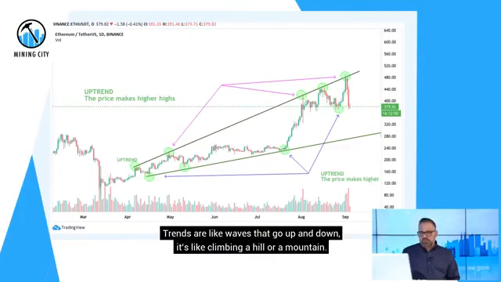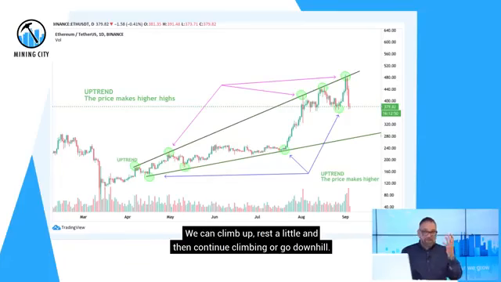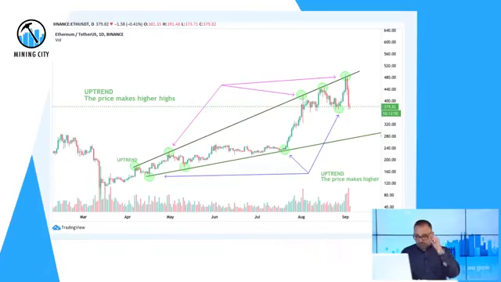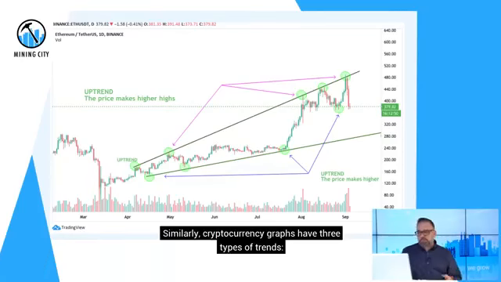You see, trends are like waves that go up and down. It's like climbing a hill or a mountain. We can climb up, rest a little, and then continue climbing or go downhill. In a similar fashion, cryptocurrency graphs have three types of trends.